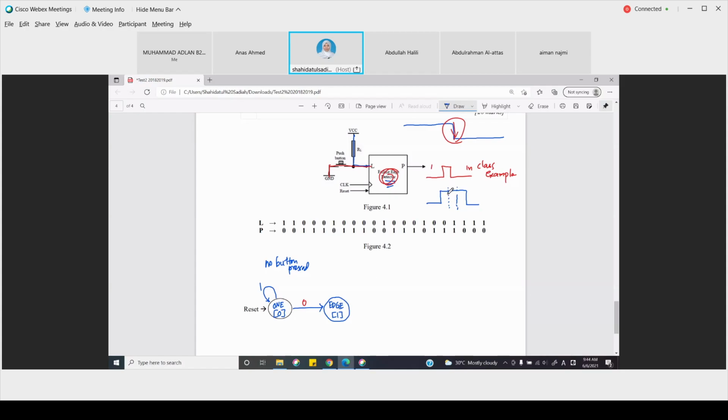We want to hold 1 for 3 clock cycles. So next, we will hold P. 1 clock cycle here, 2 clock cycles, and then we need another one. Hold again.